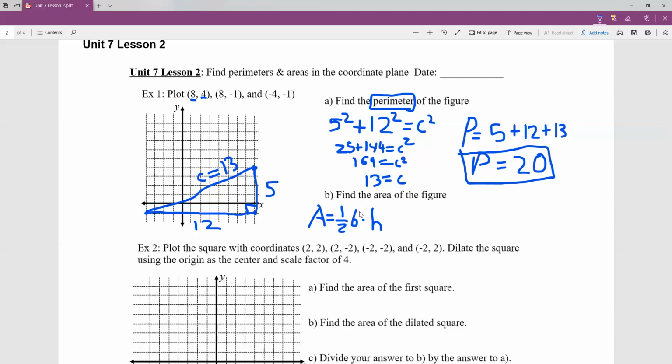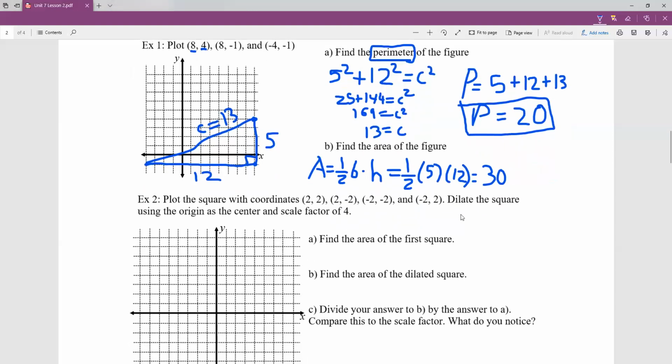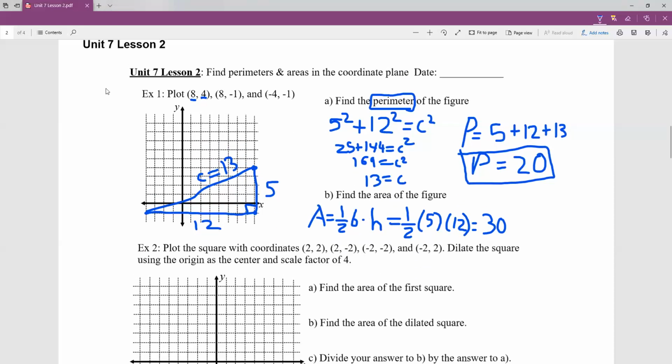So we just plug them in for the base and the height. Since it's a right triangle, it doesn't matter which one we plug it in for. So 5 and 12, and when we do that, we are going to end up with 30. So the area is 30. Cool. So that's the case for a triangle.